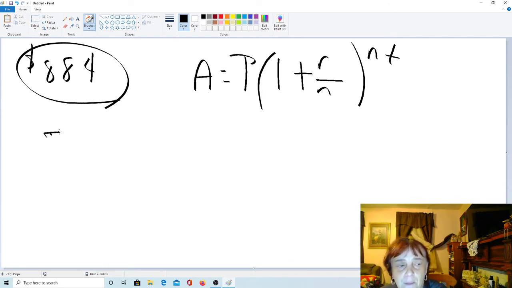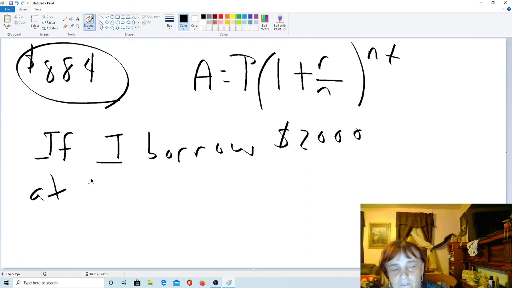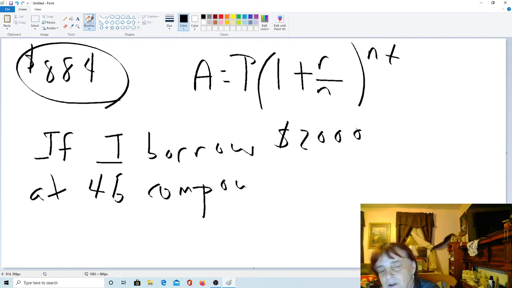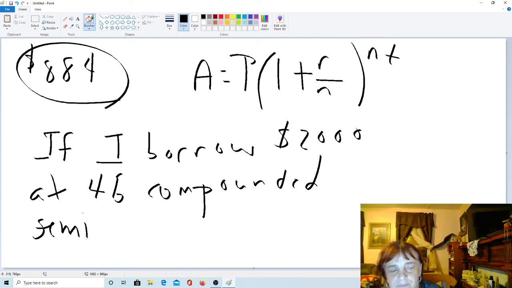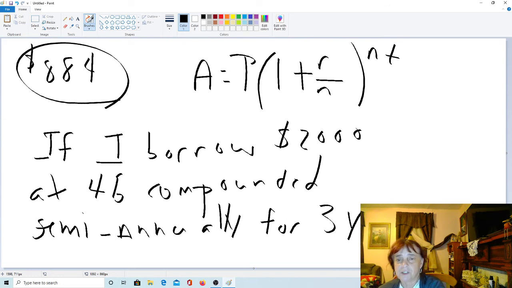Okay, so if I borrow $2,000 at 4% interest, compounded semi-annually, for 3 years, then you use this formula here.